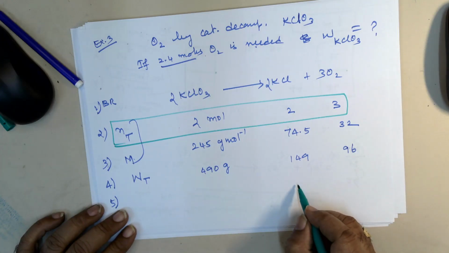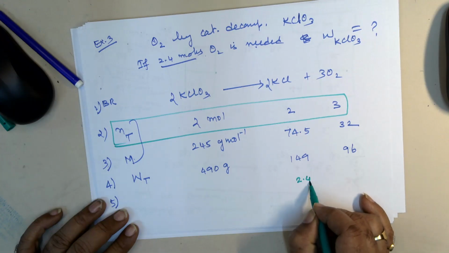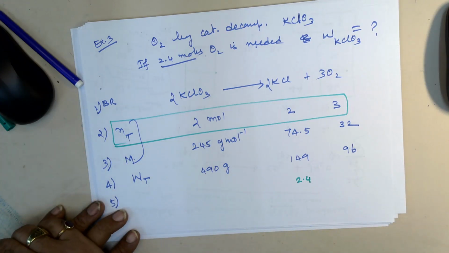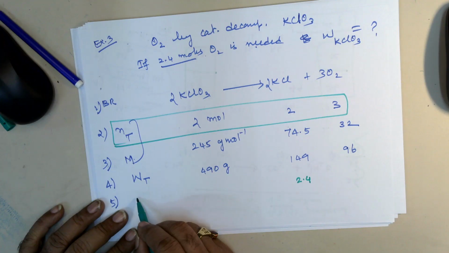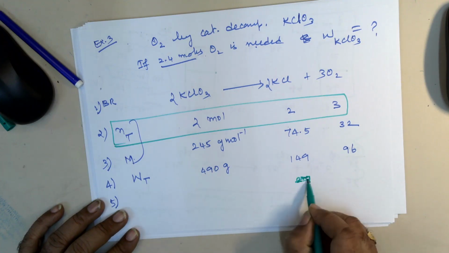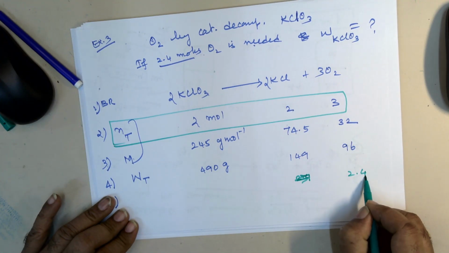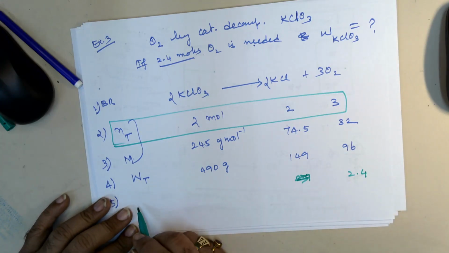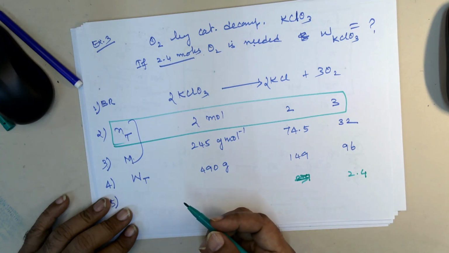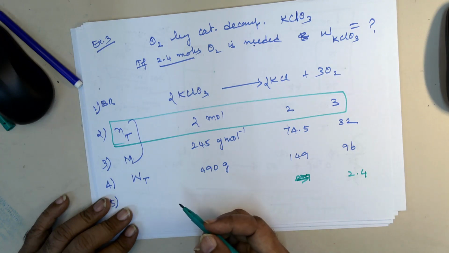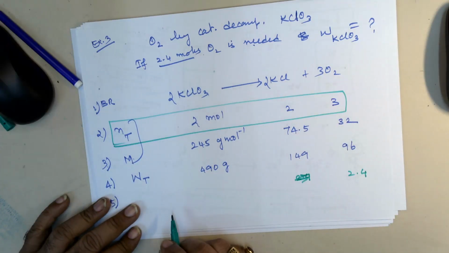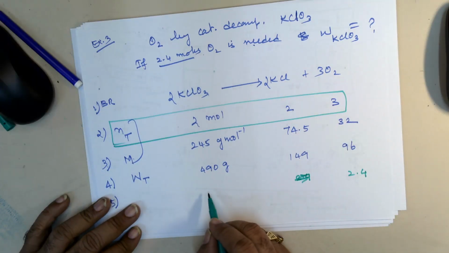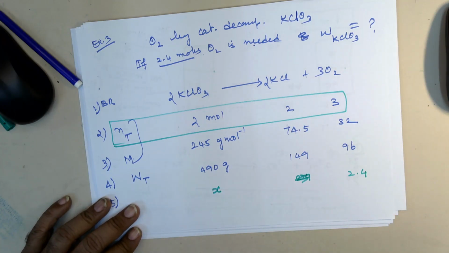And what about this? 2.4 moles. It is given as 2.4 moles of oxygen. Okay. So 2.4 mole of oxygen, for which what is asked here? What is the weight of KClO3 required? So the weight of KClO3 is how much? That you can put here.